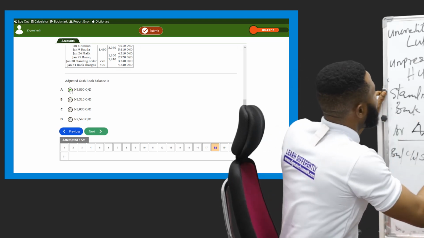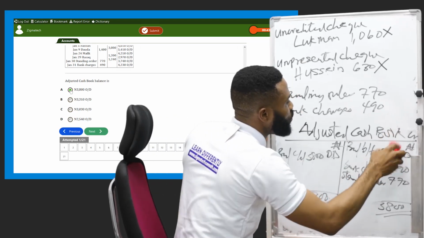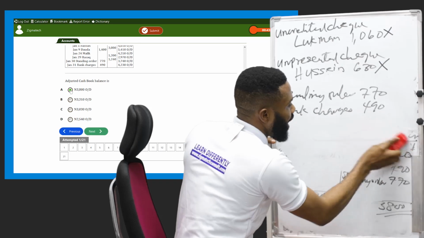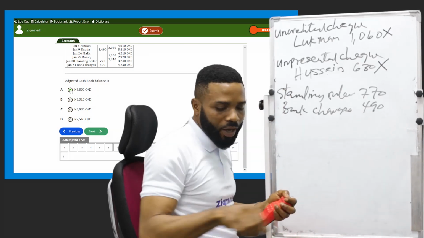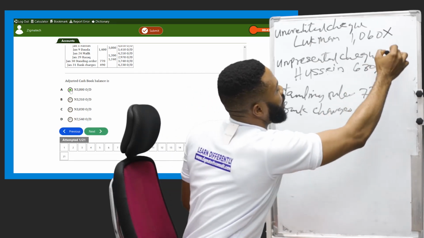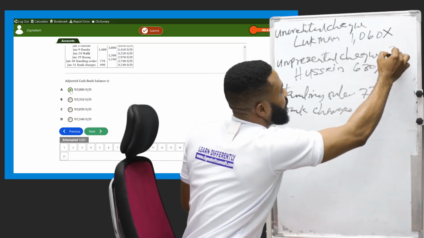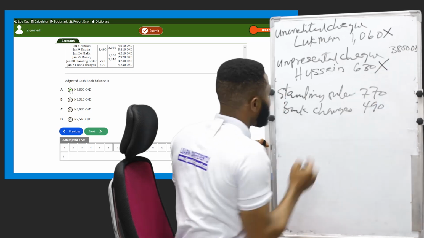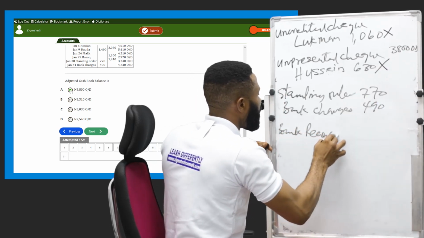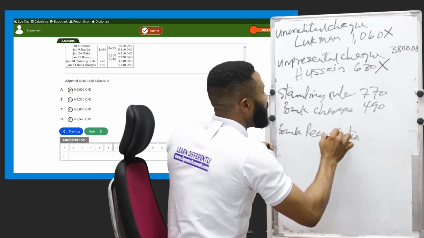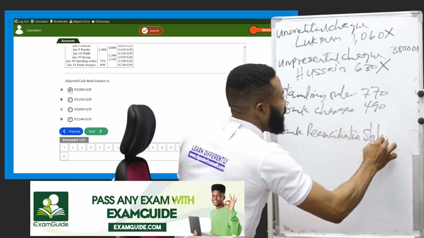Let's make progress. Now, I'm going to remove this so that we can have space to do our bank reconciliation statement. But don't forget that our adjusted cash book is what? 3,800 OD. So you write bank reconciliation statement.